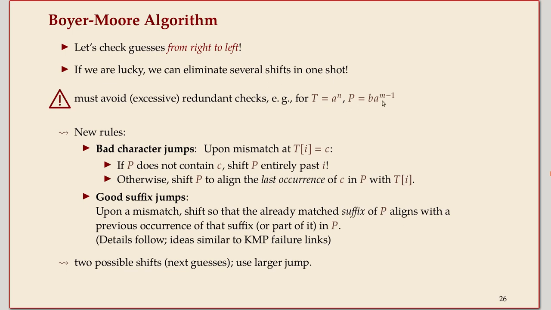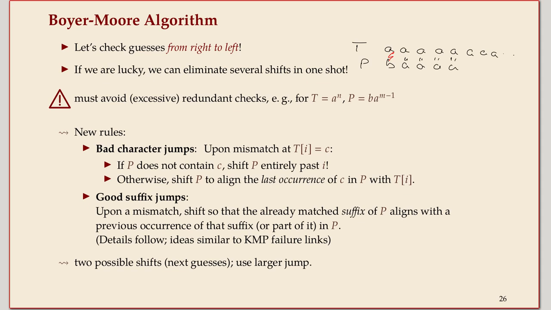You cannot easily say that from this mismatch. So, well, let me do a small example for that. If that's the text and it continues, and here's the pattern, you compare right to left, these all matched, but then this one didn't. Now, what can you conclude from this mismatch?